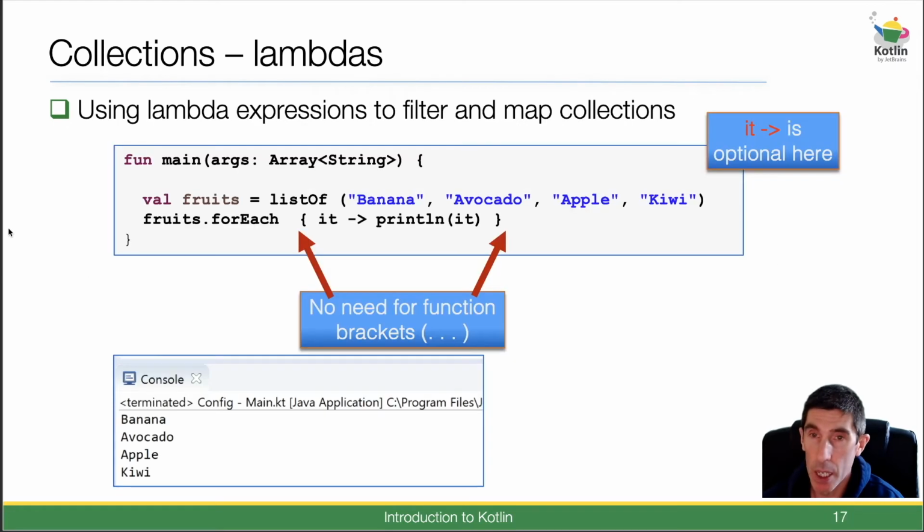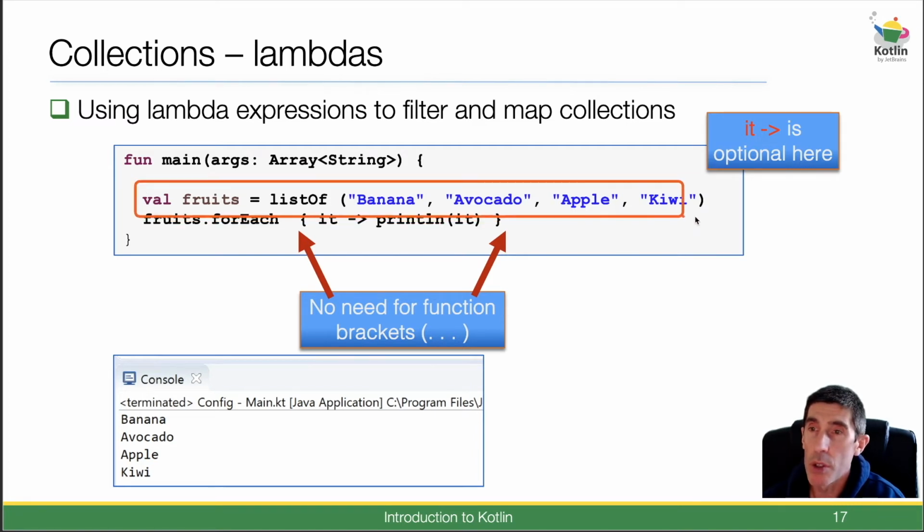So if you look at this one here, we are using lambda expressions to filter and map collections. We've seen this before. We've seen the declaration of our fruits, just a list of 4 strings: banana, avocado, apple, kiwi.